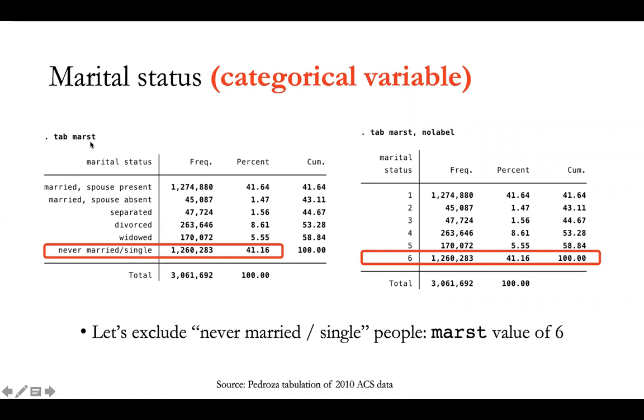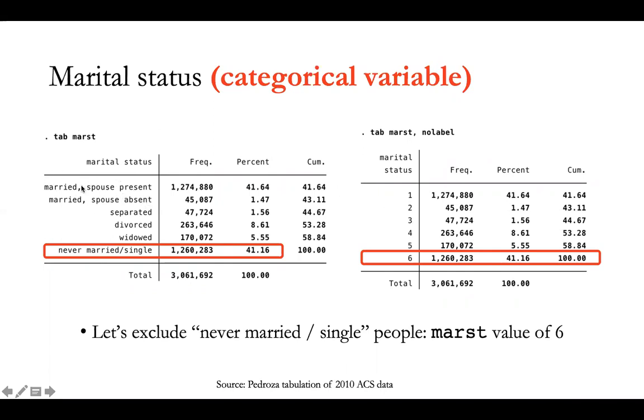So here, if you tabulate marital status, you'll see the distribution. The mode is married with spouse present, but that's also going to include people who've never been married. If you tabulate the exact same variable and specify comma no label, that's going to show you the underlying numerical value underneath these labels.